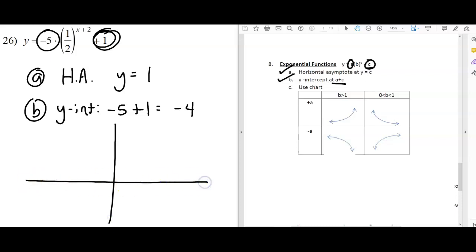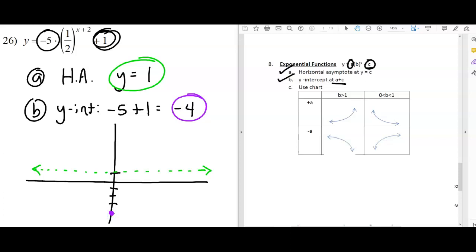I have a horizontal asymptote at 1, so I'm going to draw a horizontal line here at 1. And then I have a y-intercept at -4, so I'm going to go down to -4 and put a dot there.